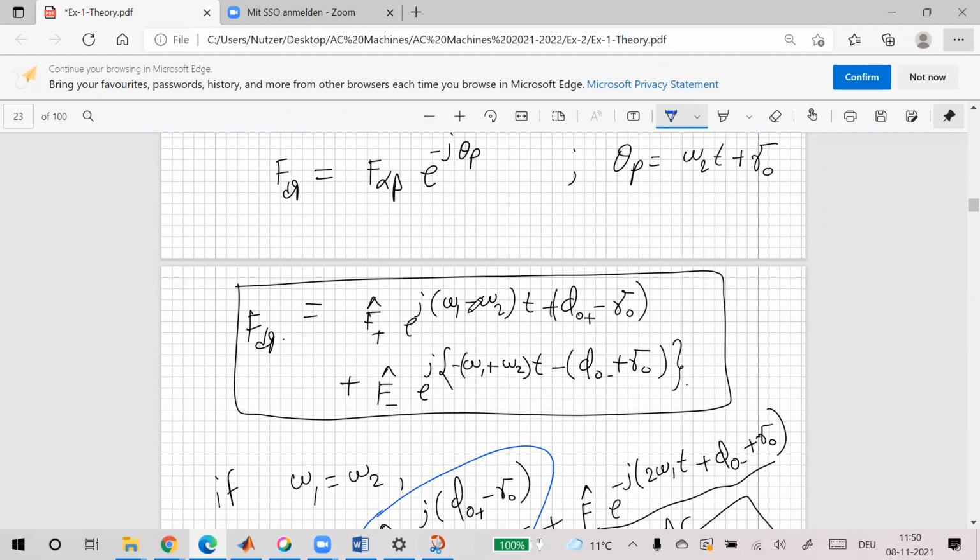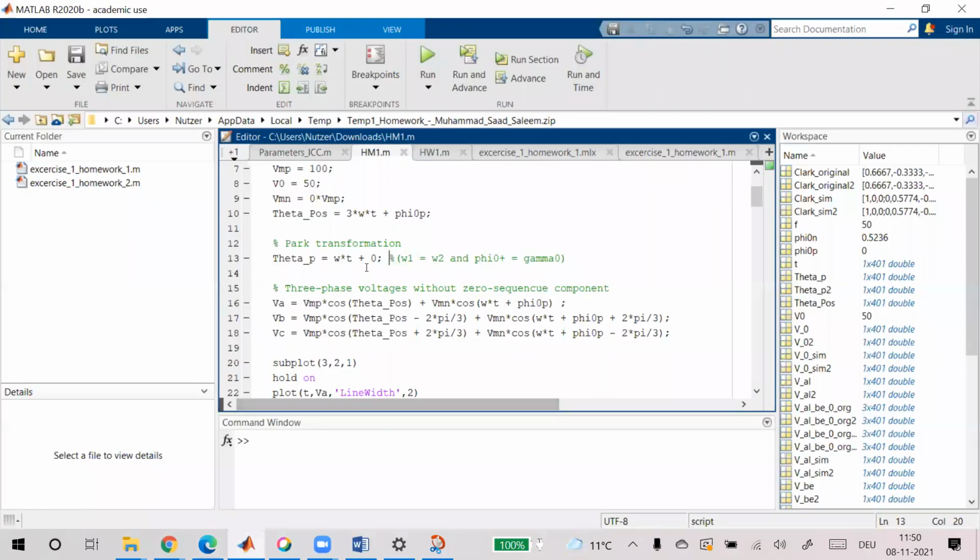So for positive sequence, which frequency will be present in the DQ? Omega 1 minus omega 2, where omega 1 is your system frequency, omega 2 is your park transformation frequency. And for negative sequence, you should see their summation. Okay. So now you tell me whether it will have AC component only or DC component or both.